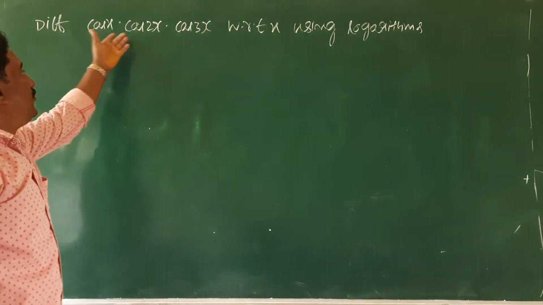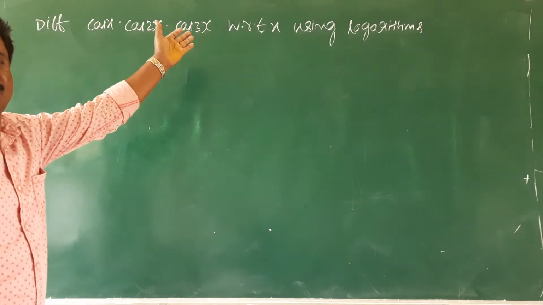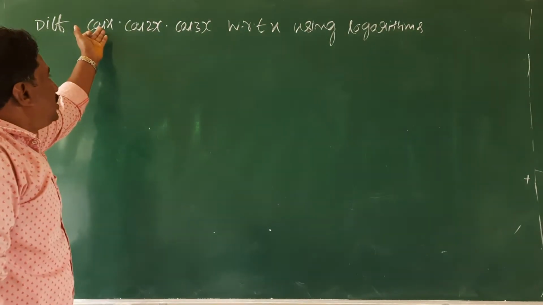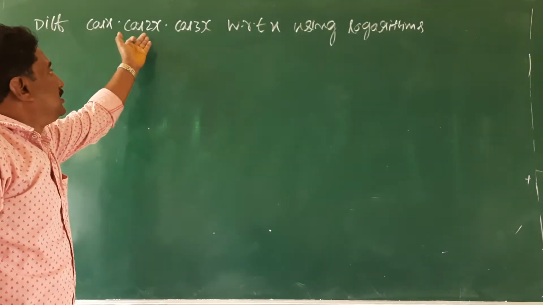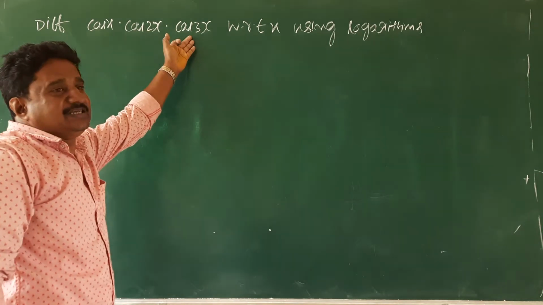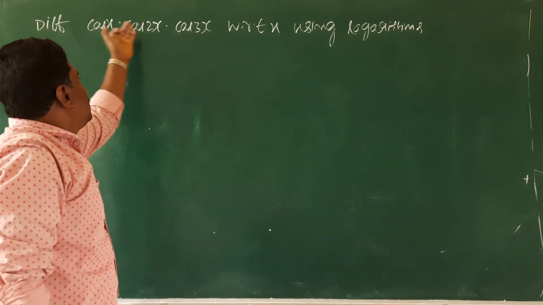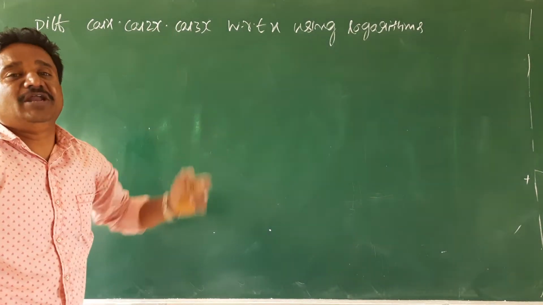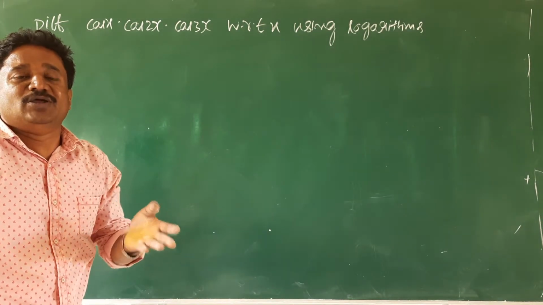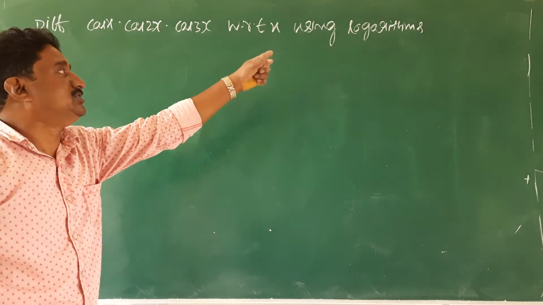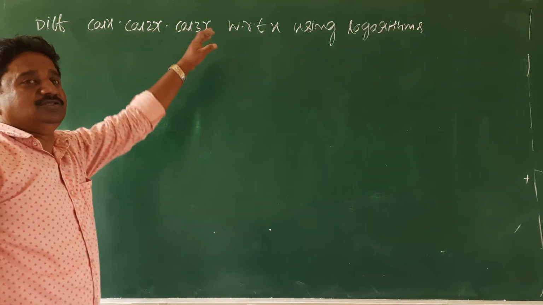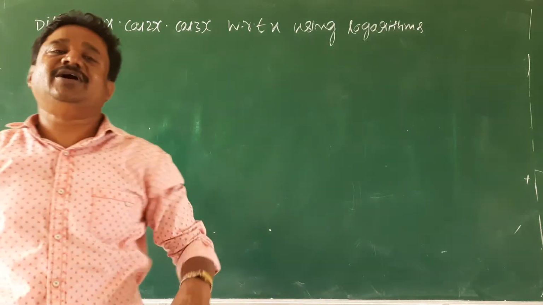This is the u v w product rule: differentiate u, keep v w as it is; differentiate v, keep u w as it is; differentiate w, keep u v as it is. You learned that in your previous class. But here it is asked to differentiate this function using logarithms.